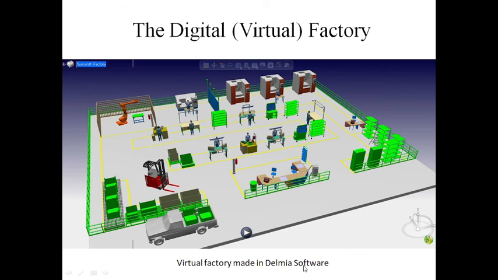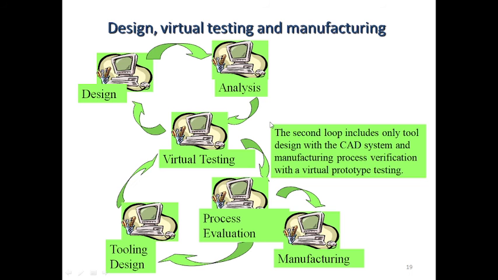This has been done in the Delmia software, which is again a product by Dassault Systèmes. Dassault Systèmes is the same company which has supplied Mirage aircraft to many countries as well as India, and the same company which is supplying CATIA as well as SolidWorks.